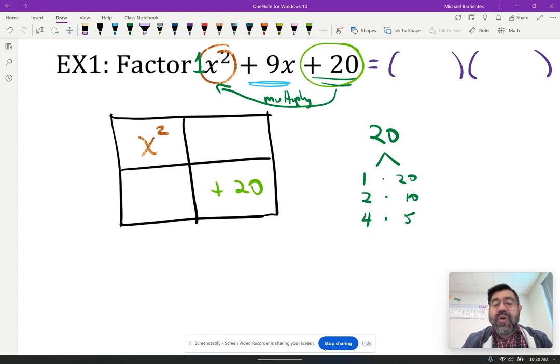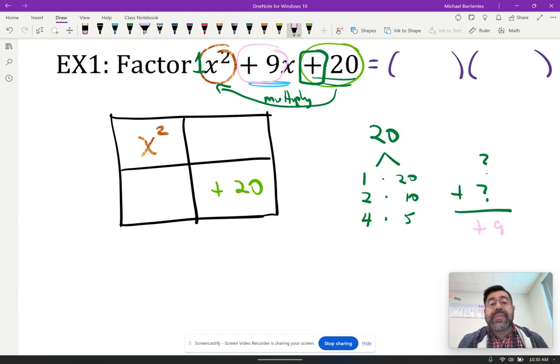So I think these are the only three pairs of whole numbers that I can multiply to give me 20. One of these pairs, when I add them, will give me a positive 9. So the question is, which two numbers, when I add them, give me a positive 9?